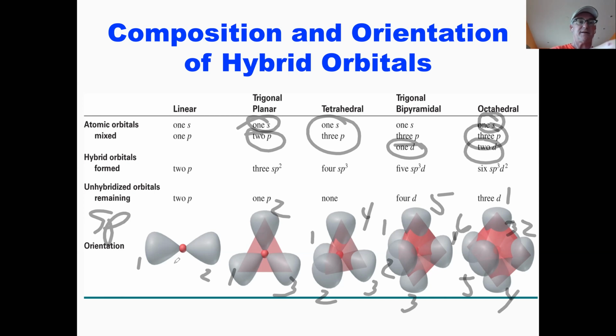So for years and years, people thought that methane was flat. They thought methane was planar because that made the most sense. But then it was figured out a little over 100 years ago that it's actually a tetrahedral shape, and that's what started people thinking, oh, we can't have tetrahedral and the atomic orbitals the way we think about them now.